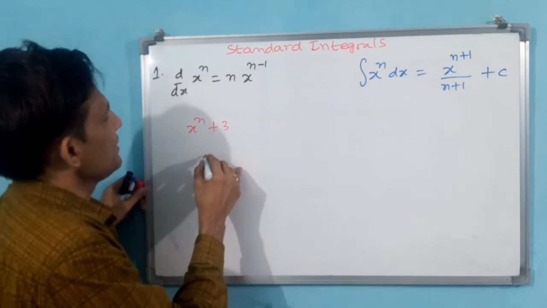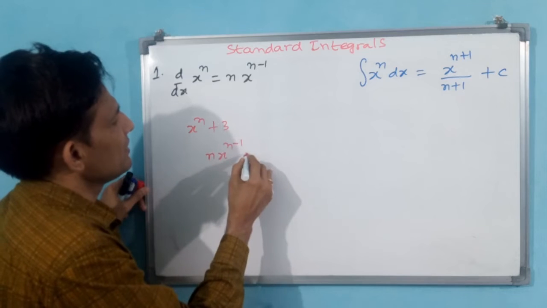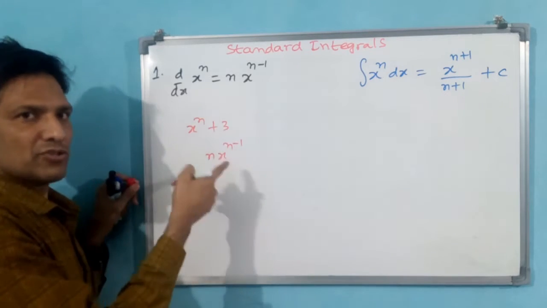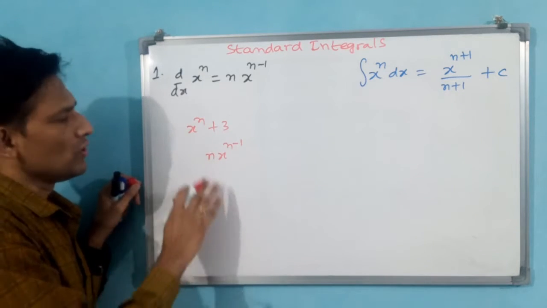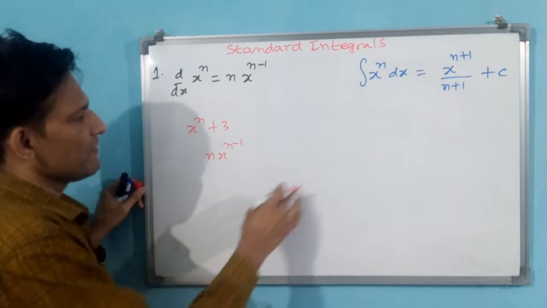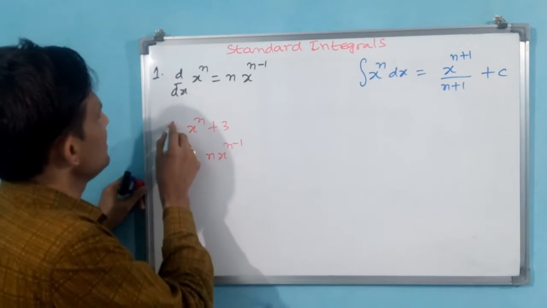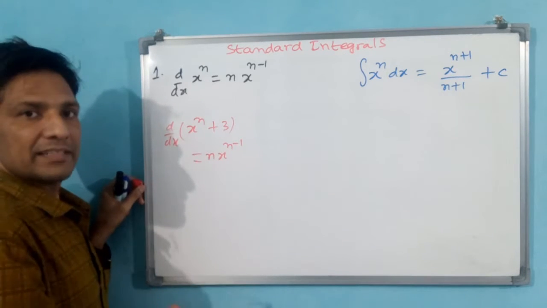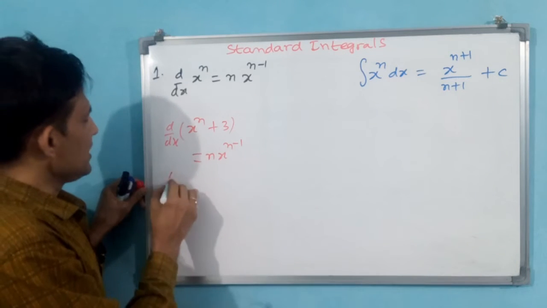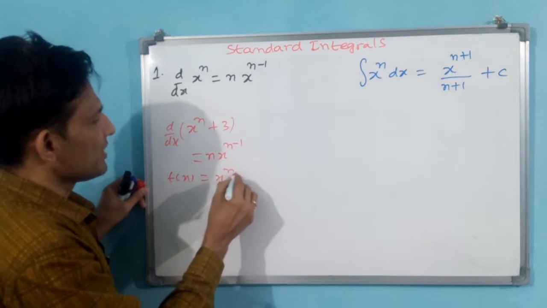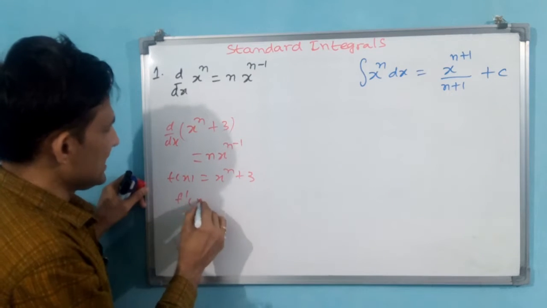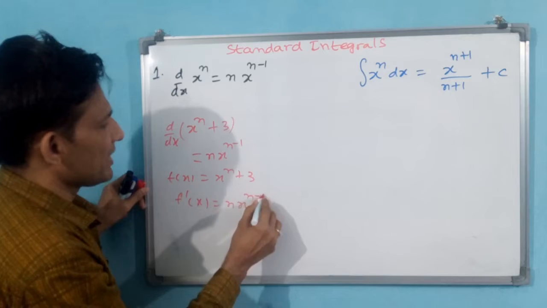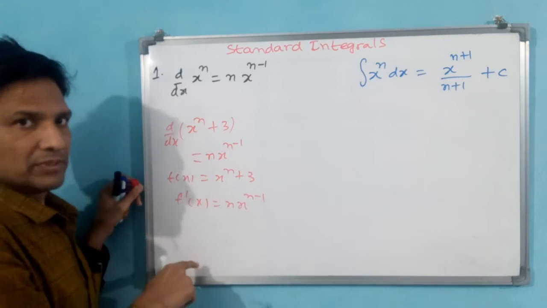What are you going to write? n into x power n minus 1. That's all. Plus 0 you are not going to write. This is d by dx of. See here, f of x is equal to x power n plus 3, but f dash x is equal to n into x power n minus 1. Why? Because 3 has become 0.